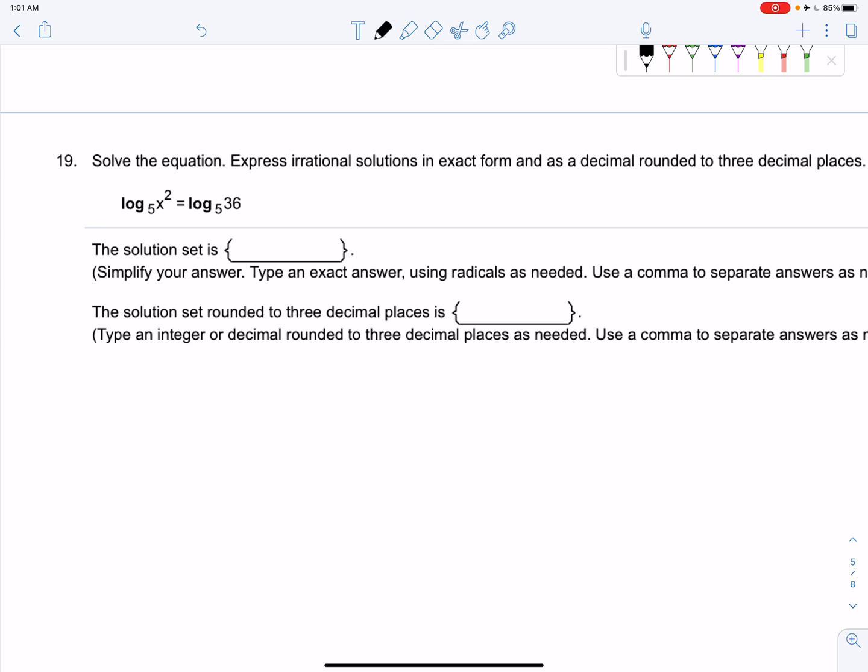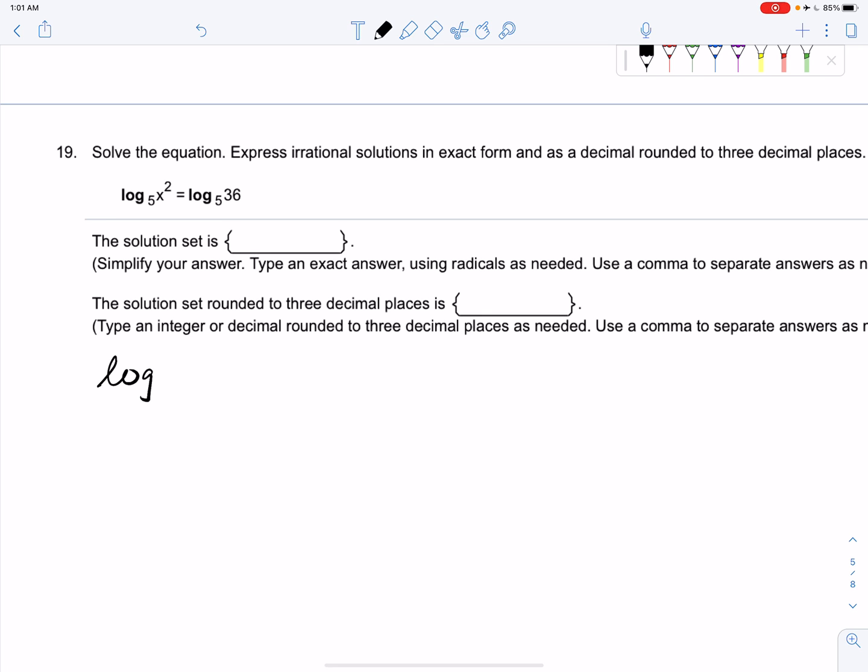And we're back to the beginning, really, because we've got log base 5 of x squared equals log base 5 of 36. Using the one-to-one property of logarithms, the arguments are equal. So now all we have to do is take the square root of both sides, never forgetting plus or minus. x equals plus or minus 6.